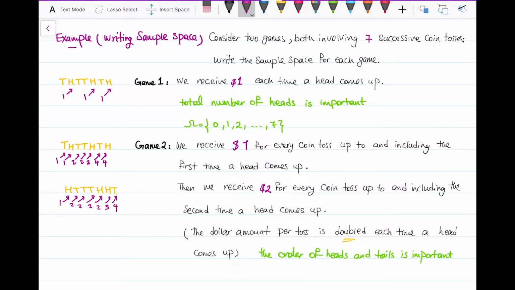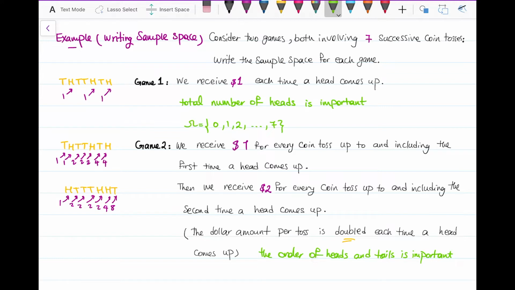Oh, I'm sorry, not 3. This would be the 3rd time that I have head, so it would be 4. And then I go to the next one, so it would be $8. So you see the amount of money would be so much different between these 2 results.